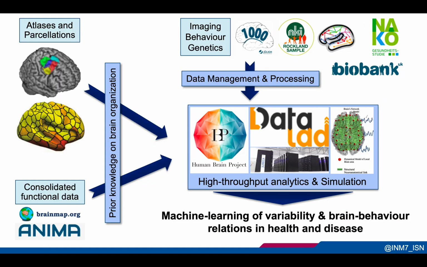So, where does that leave us in summary? I think we are in a very exciting position at the moment of having large databases of imaging, behavior, and genetics, that we're making a lot of progress in data management and processing, and can start to build platforms for machine learning based analysis of variability and brain behavior relationships in health and disease, where we can then build predictive models that can be useful to learn something about new, previously unseen subjects.